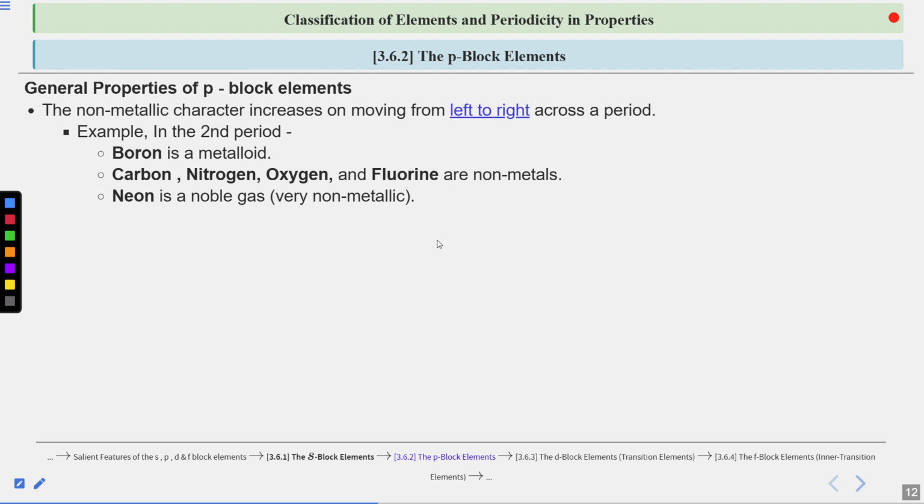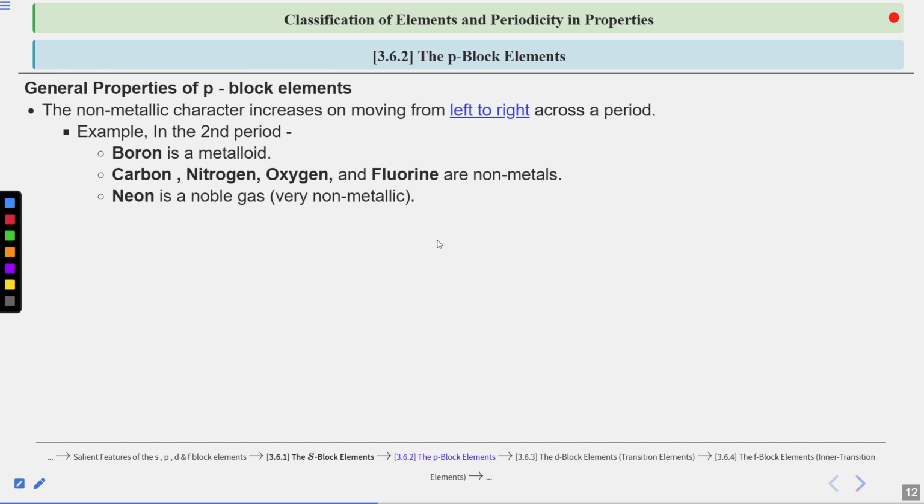A metalloid has characteristics of both metals and non-metals, so this is an intermediate one. Then we have carbon, nitrogen, oxygen and fluorine. As we move from boron to fluorine, the non-metallic character is increasing, and neon is the most non-metallic one. So remember this very important point, that non-metallic character increases on moving left to right across a period.